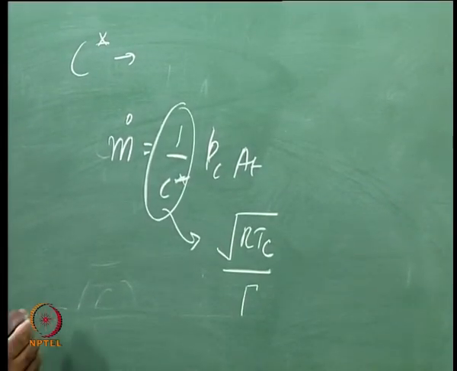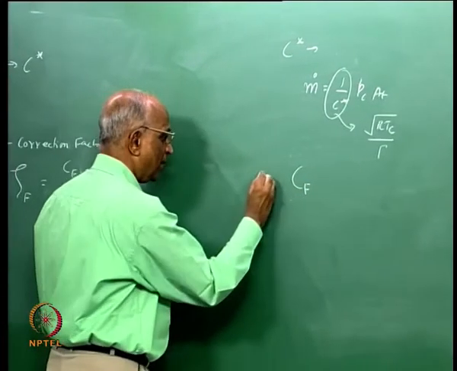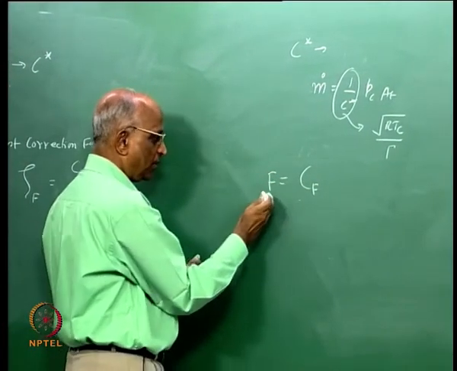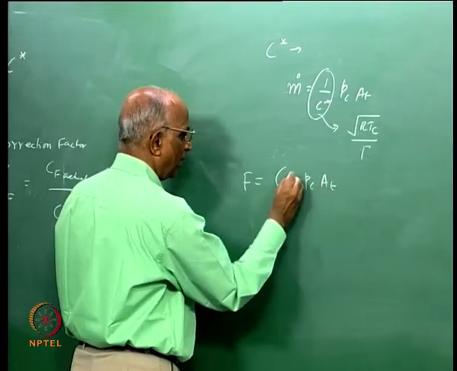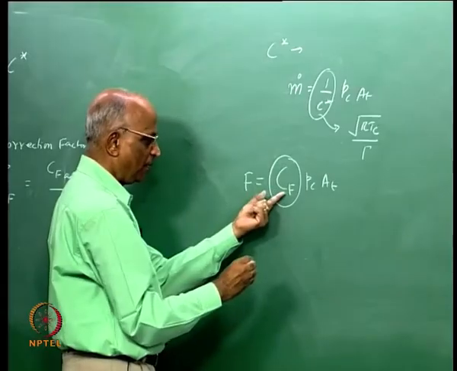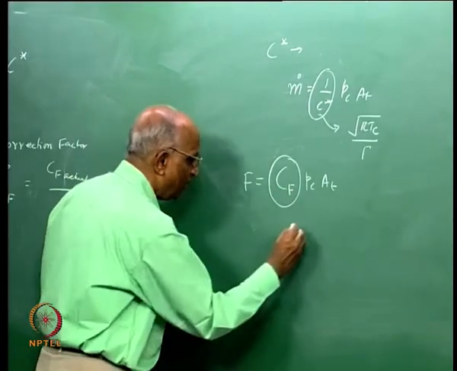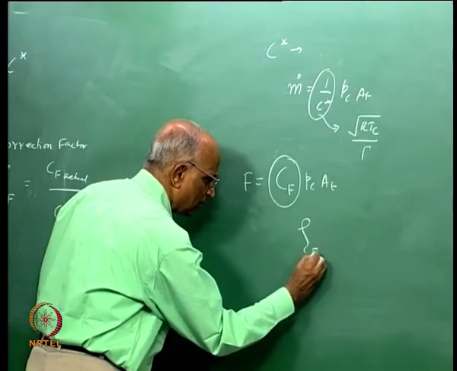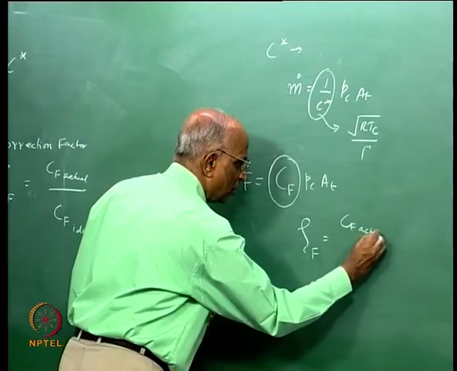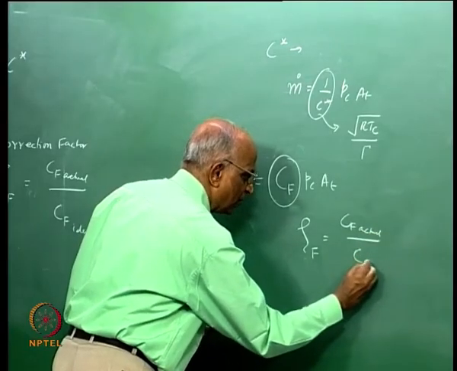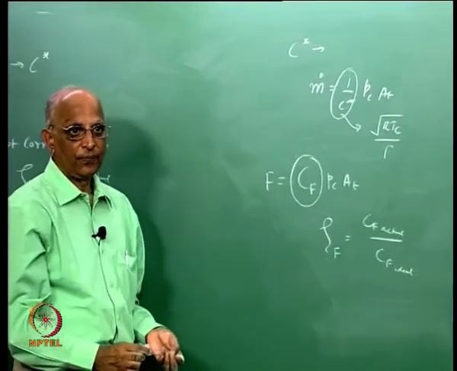We also talked in terms of the thrust coefficient, which is used to describe the thrust developed by a rocket. F is equal to PC AT Cf, and we found out the expression for Cf and also how Cf varies, and we talked in terms of a thrust correction factor, which is equal to Cf actual by Cf calculated based on ideal one dimensional theory.